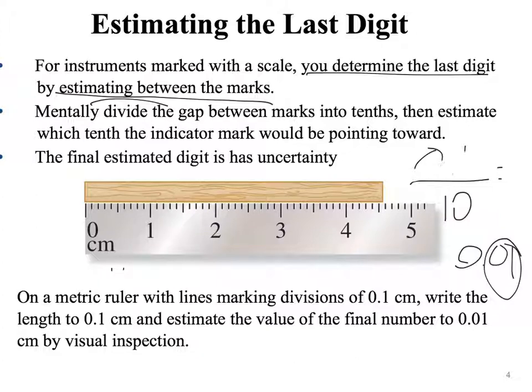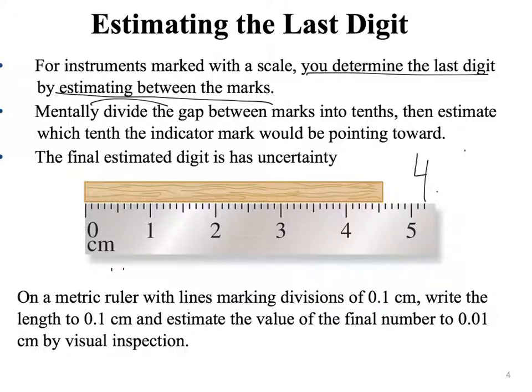This piece of wood that we're measuring here with the ruler is 4.5. Now, is it 50? No, it doesn't fall straight into this line. So what are we going to do? We look into this, and we mentally divide it by 10. And when we read it, we could say maybe 4.55 centimeters.